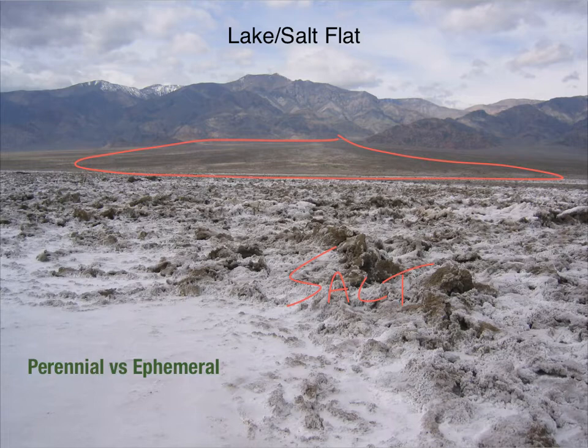Now again, lakes can be both perennial, meaning always there, or ephemeral, meaning the water is only sometimes there. And so these playa settings, such as Lake Manly, where you get this salt crust, would be a great example of an ephemeral lake bed, because obviously the water is gone.